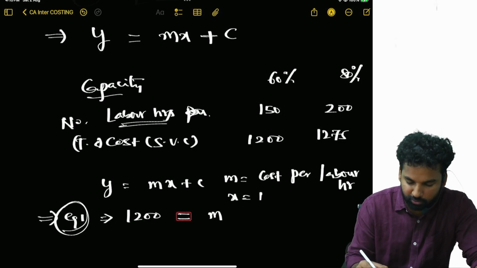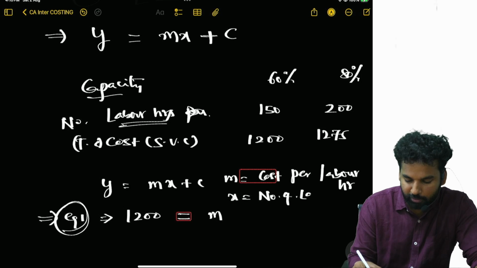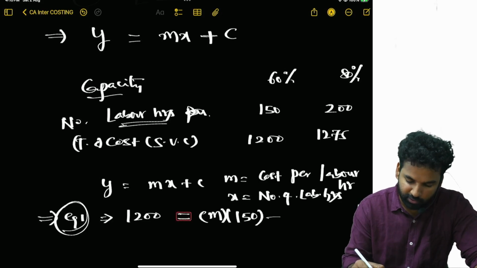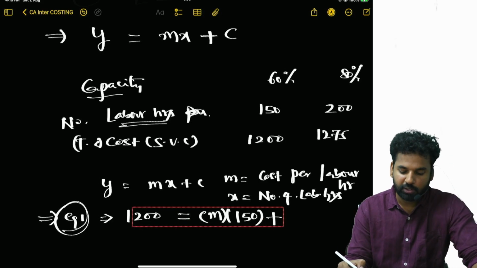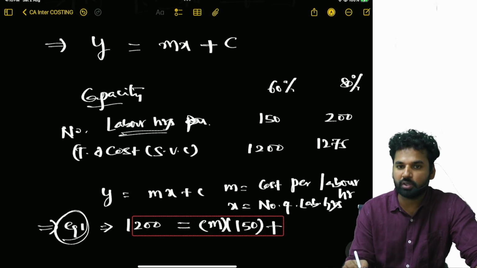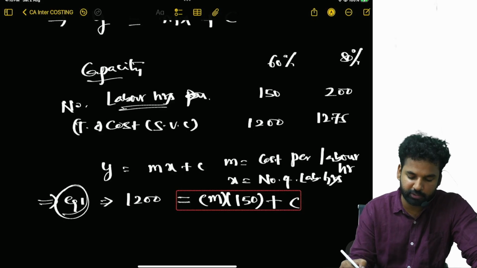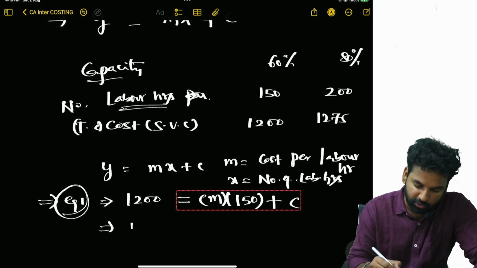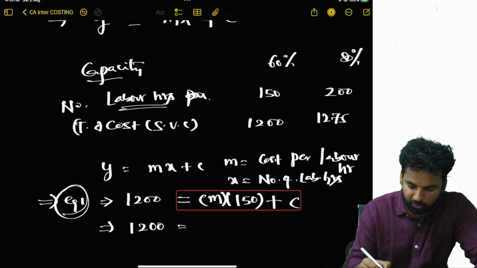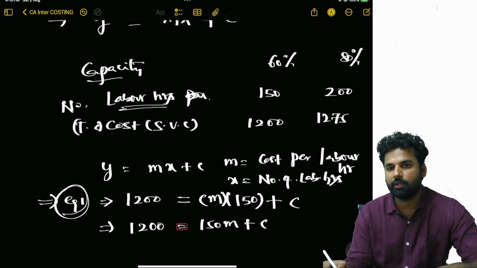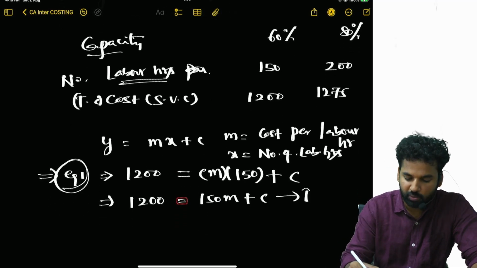X is the number of labor hours, which is 150. Plus the fixed cost, which we also don't know, which is C. Is this equation correct? So 1200 is equal to 150m plus C. This is equation 1.